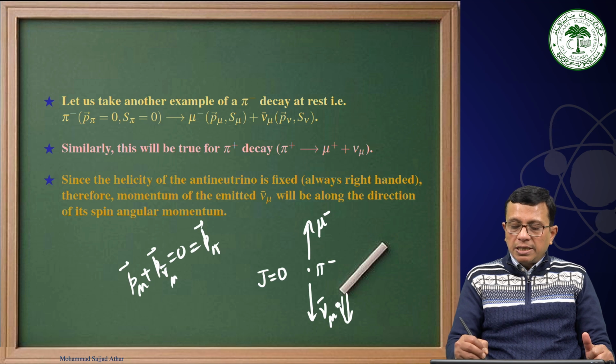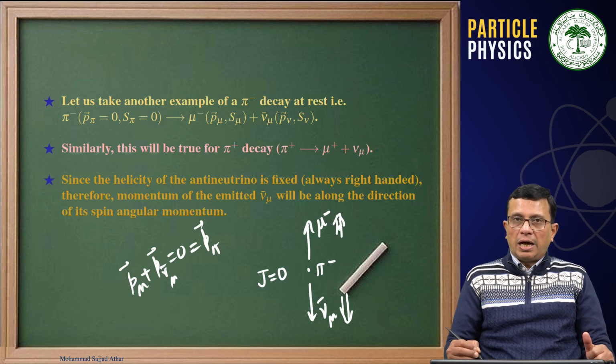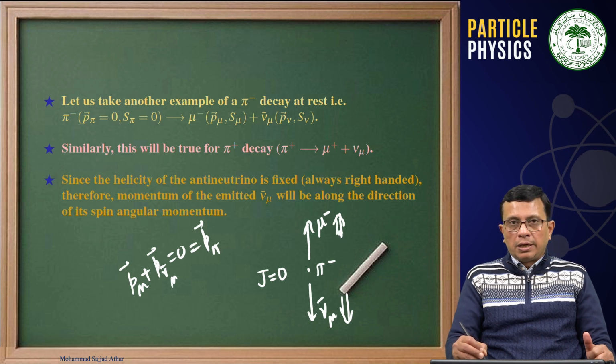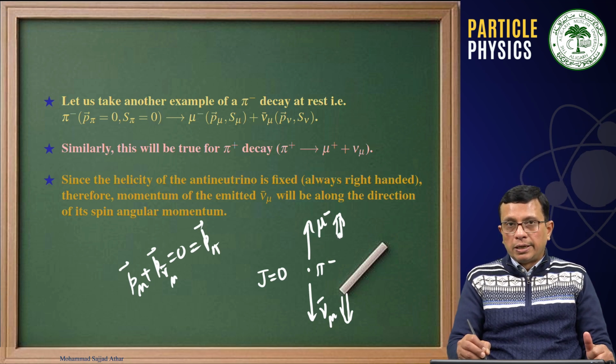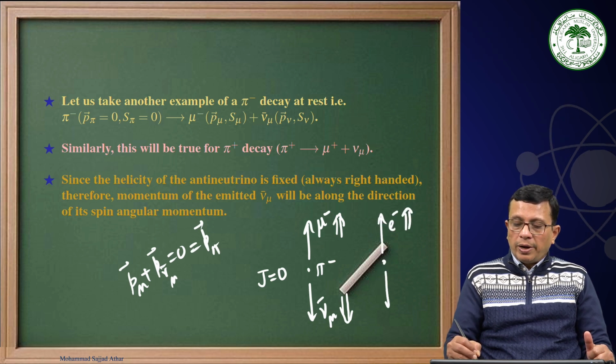Now, to have J equal to 0, what we will have to get is that the spin of the muon is also in the direction of the momentum of the muon, and that means the muon is also right-handed. Similarly, the other thing that I was talking about: electron, why not electron and antineutrino?